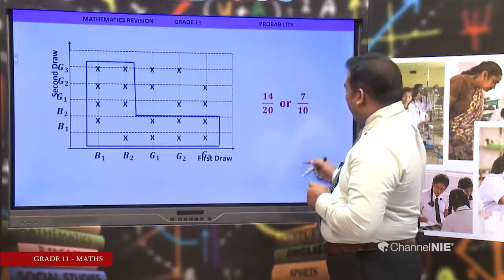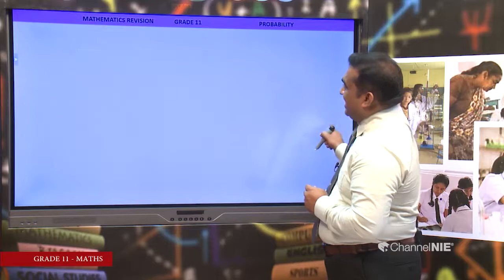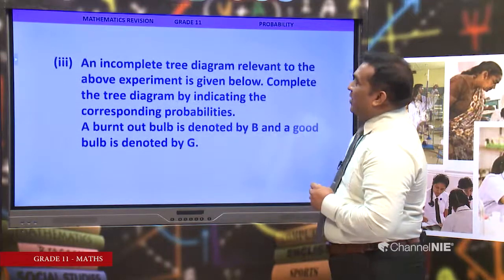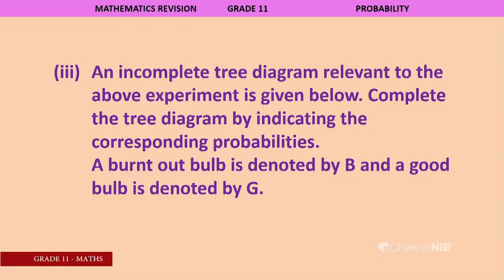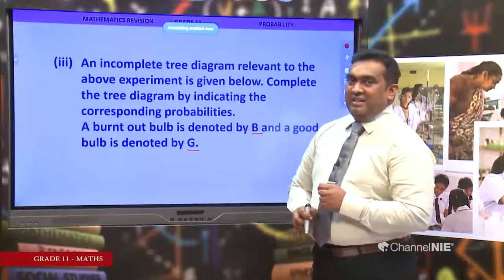It means 7 over 10. Now, an incomplete tree diagram relevant to the above experiment is given below. Complete the tree diagram by indicating the corresponding probabilities. A burnt out bulb is denoted by B and a good bulb is denoted by G, right?